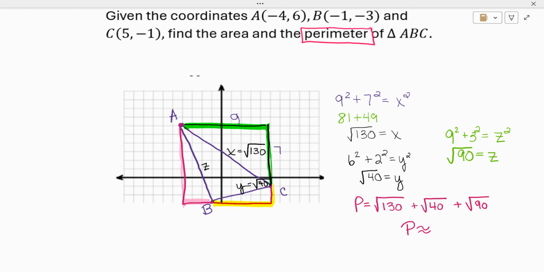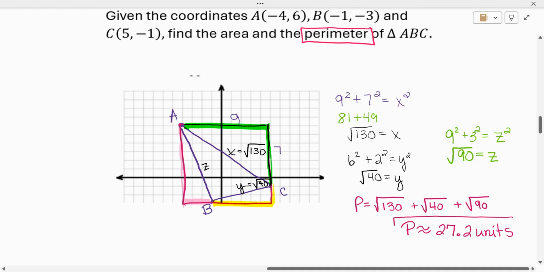You got to make sure when you're doing the square root, like you can do the square root of 130 and then arrow over plus hit the square root again. Otherwise, it's going to smash all of that underneath the radical. This is what I got. That's perfect. What did you get? Say it out loud. I got 27.2. Perfect. 27.2 units. Absolutely perfect.